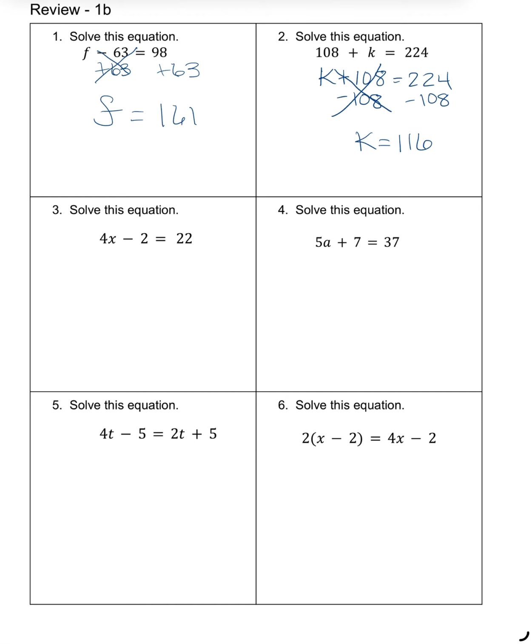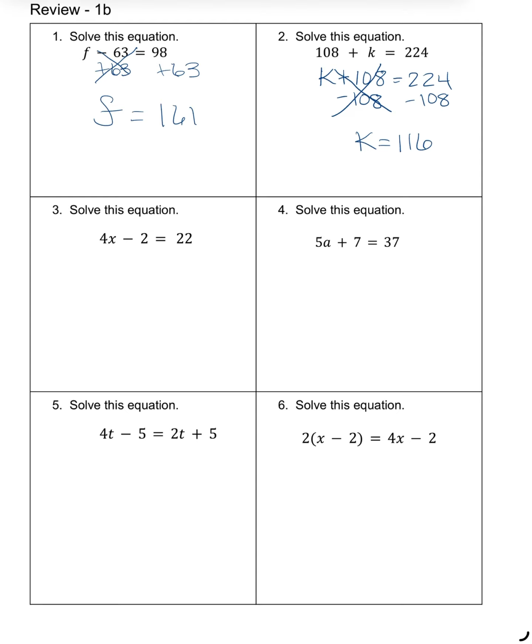We find our letter. In number 3, our letter is X. It's on the left-hand side, and it's getting multiplied with a 4, and then a 2 is getting subtracted from it. There are two things on that side of the equation that need to happen, which means there's two things that we need to undo. So this is a two-step equation.